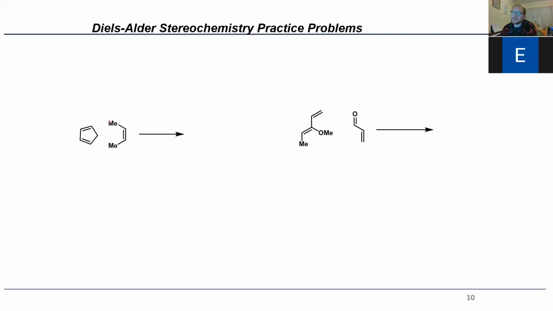And so we have this diene and dienophile shown here. We can react them as such. And that will proceed through one of two transition states, shown here. The first being the exo transition state. And the second being the endo transition state.